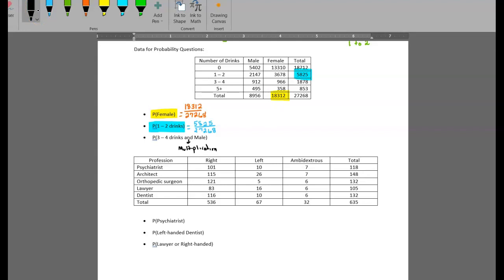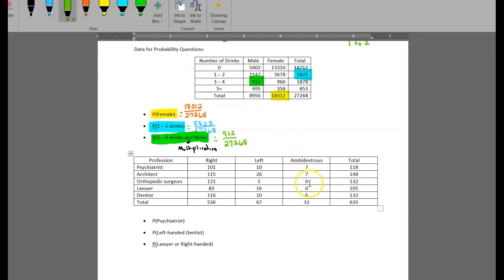These two things are happening at the same time, which means we're looking for the overlap of 3 and 4 drinks, and they're male. So male, 3 and 4 drinks. This probability is going to be 912 out of the total 27,268.